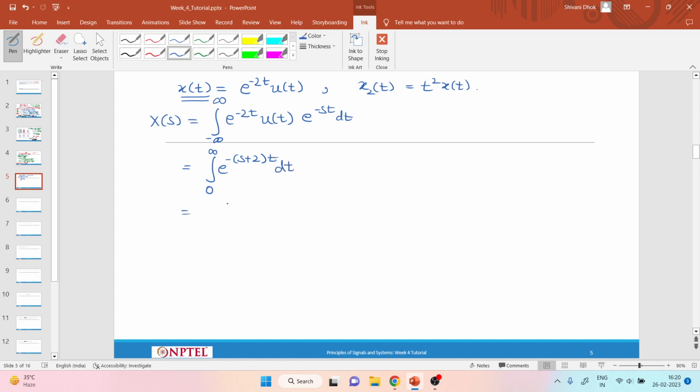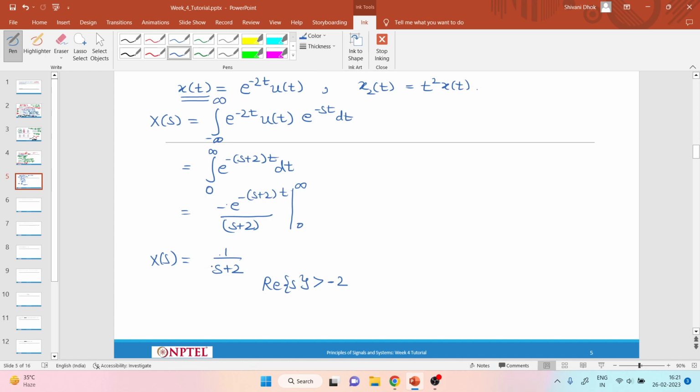This is simply minus e^(-(s+2)t) upon (s+2), ranging from 0 to infinity, and this is equal to 1 upon (s+2), and at infinity this will tend to 0 only if the real part of s is greater than minus 2. So only if that is the case will this X(s) be converging.